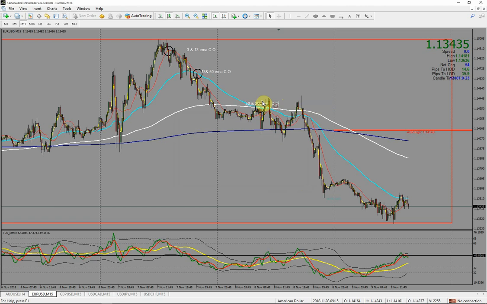That is the 50 and 200 EMA crossover right there. Let me just put that over there. And then lastly, the 200 and the 800 moving average crossover.